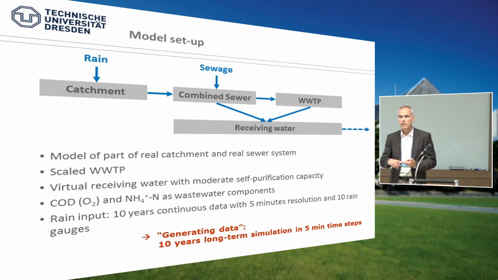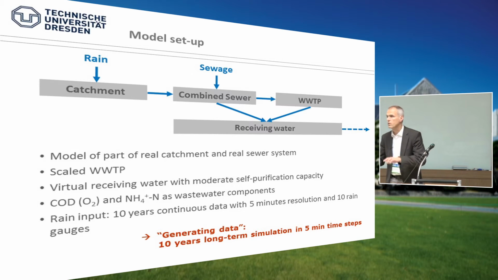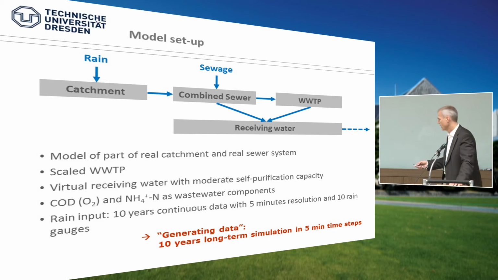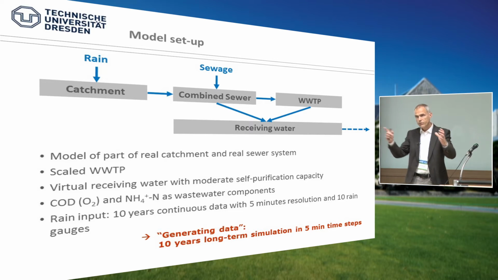We have digitalized information of the sewer system. We have calibrated models and all that stuff. Then we were scaling the wastewater treatment plant in order to appropriately model it as the ratio of the reduced part of the city of Dresden we were actually looking at.